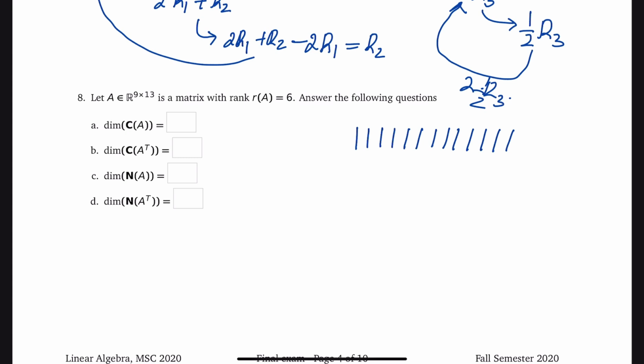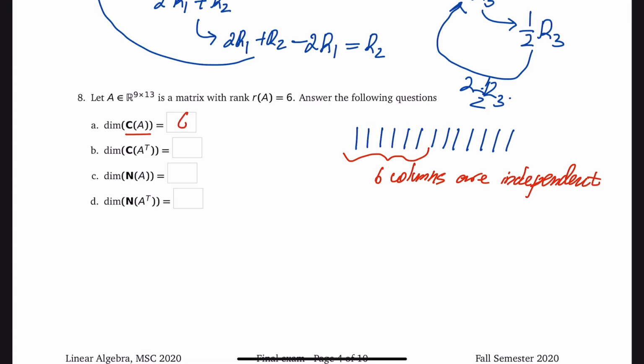So the dimension of the column space is essentially about the number of independent columns, right? So we know that 6 columns are independent, and they are going to be the basis of the column space of the matrix.